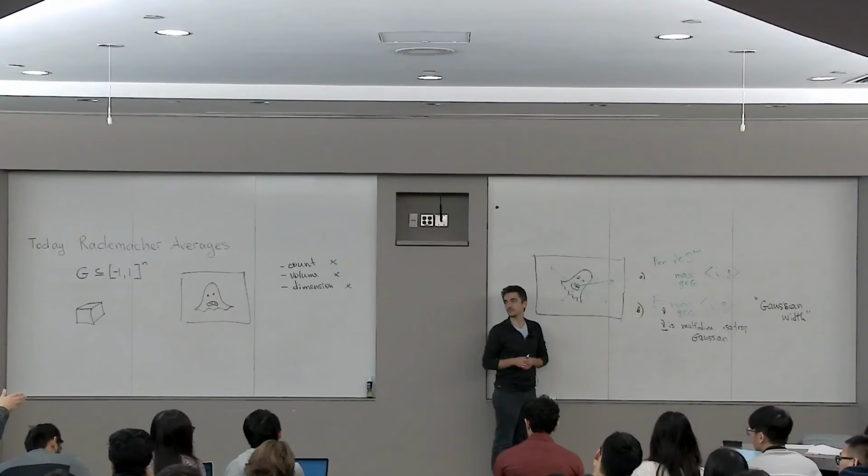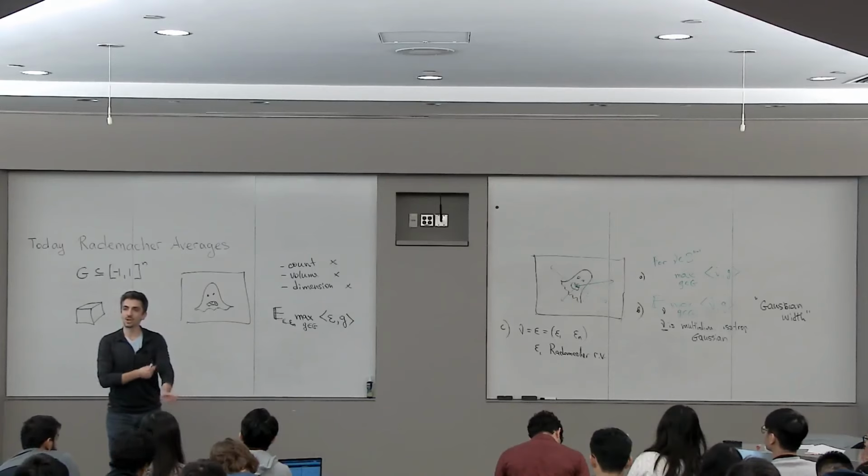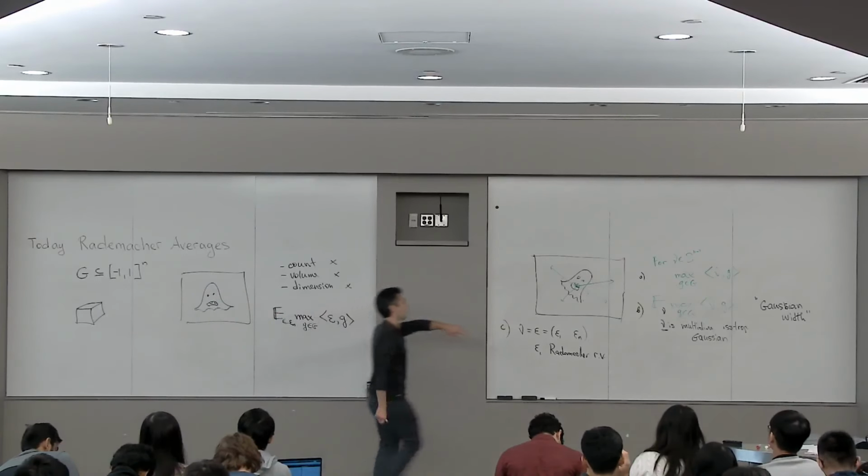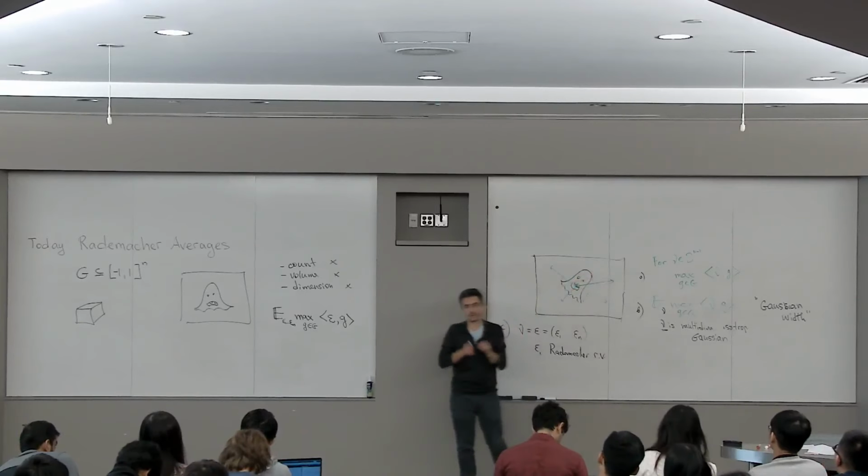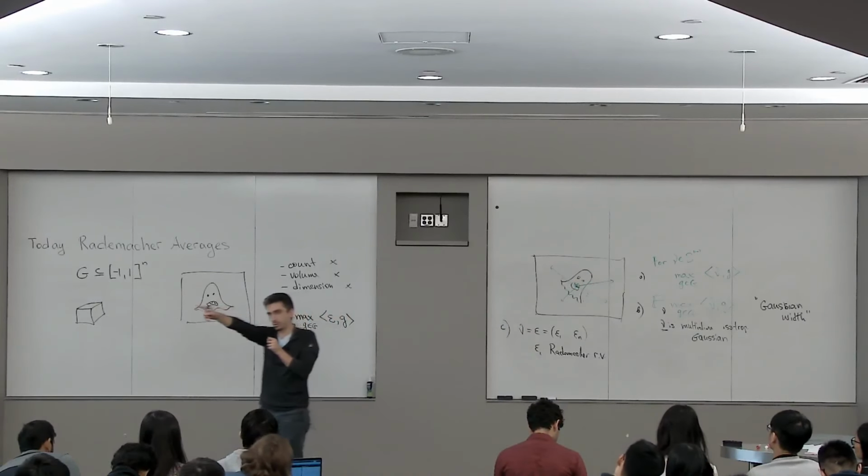So in this picture, this epsilon takes on values in the vertices of the hypercube, uniformly at random, right? So there are 2 to the n possible values, and it takes on those values. I'm going to look at the expected value over epsilon 1 through epsilon n of the max over g in G of the complexity of this guy only in the directions which are the vertices of the hypercube.